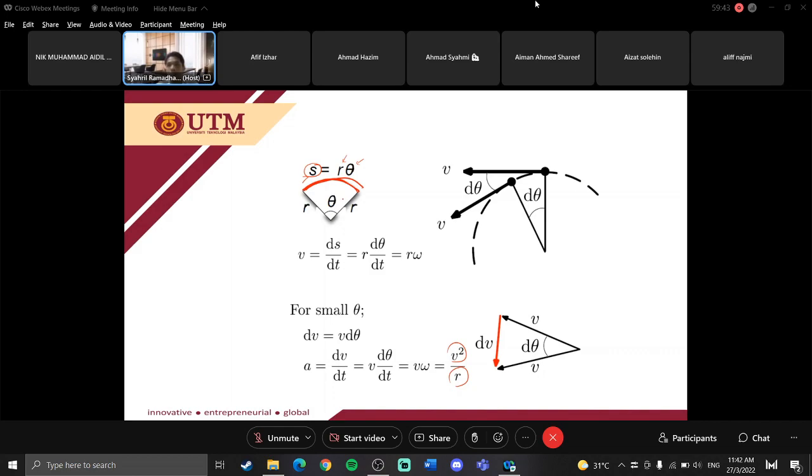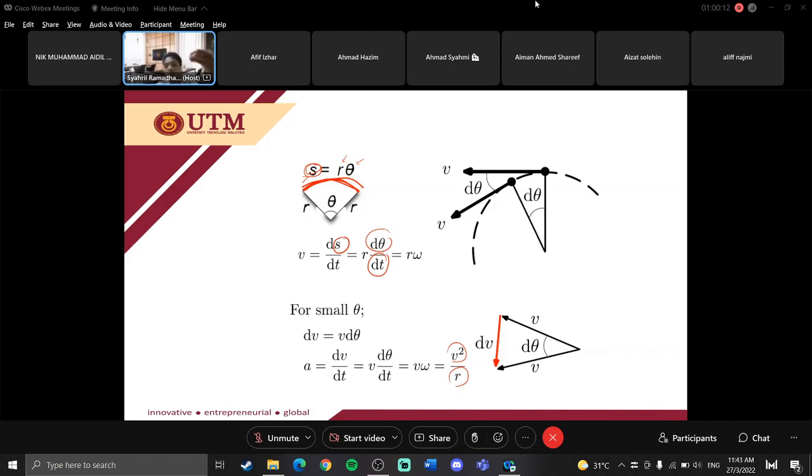As I mentioned, if you differentiate displacement with respect to time, you will get velocity. This length here is your displacement s. So ds over dt, you substitute s with r theta, you get r d theta over dt. d theta over dt is the rate of change of angle.